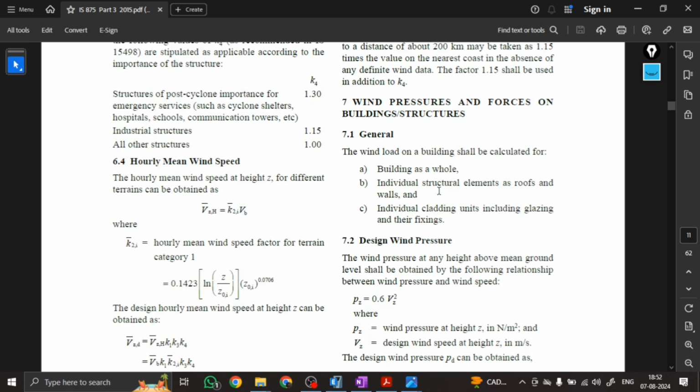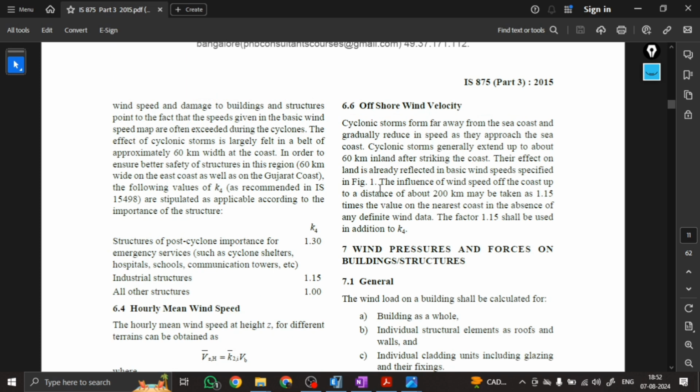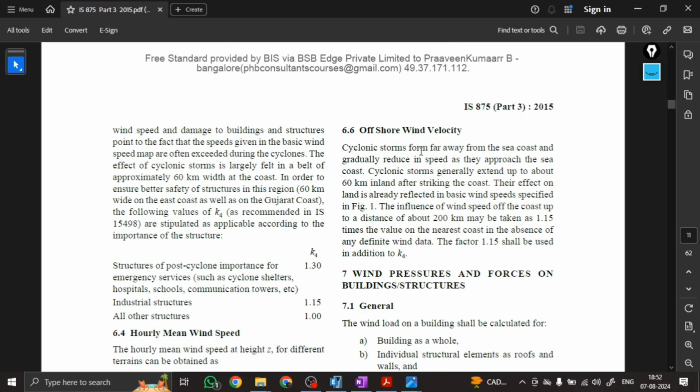And another thing, we will jump into 6.6. See here, cyclonic storms form far away from the sea coast and gradually reduce in speed as they approach the sea coast. Cyclonic storms generally extend up to about 60 km inland after striking the coast. Their effect on the land is already reflected in the basic wind speed specified in figure 1.